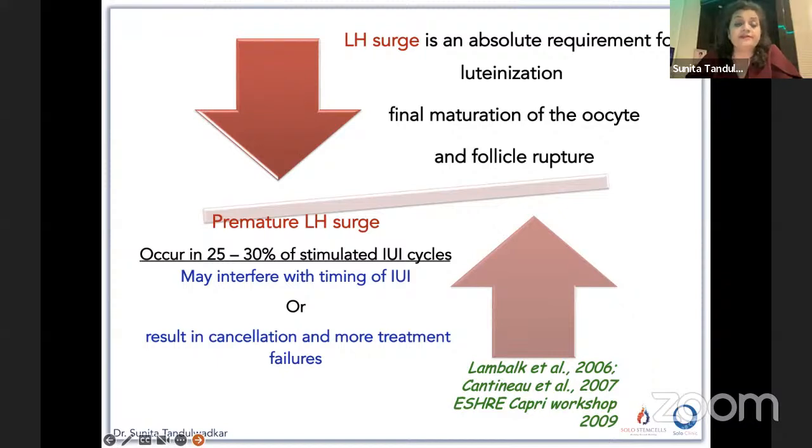The pituitary gland doesn't recognize that this estrogen is coming from 3 follicles, 15, 15, 15. Together these 3 follicles have cumulatively given a high E2 value, and that's why a premature LH surge happens.